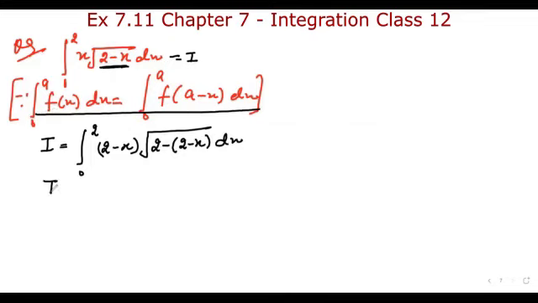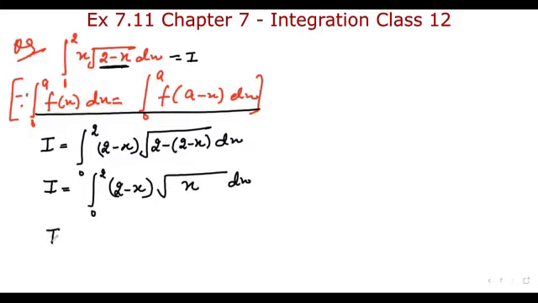Now I is equals to 0 to 2, 2 minus x square root 2 minus 2 and x dx. Here the question which was root 2 minus x now becomes only root x. This will help me to integrate. So now I am opening the bracket here.